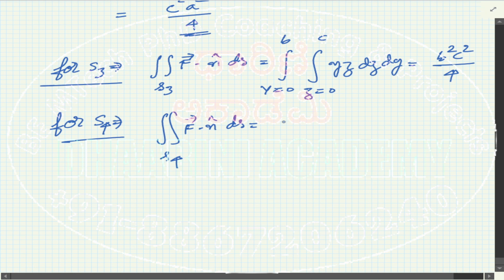This has to be equal to, this is integral x is equal to 0 to a, integral y is equal to 0 to b. See, my function becomes equal to, this is c square minus xy into dy dx.